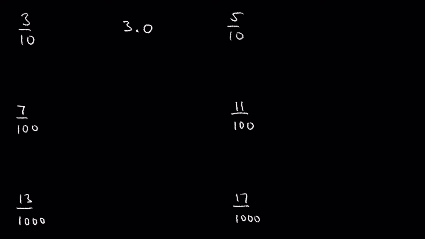So shifting the decimal point from 3.0 one place to the left gives us 0.3, which means the fraction 3 over 10 is 0.3 as a decimal.